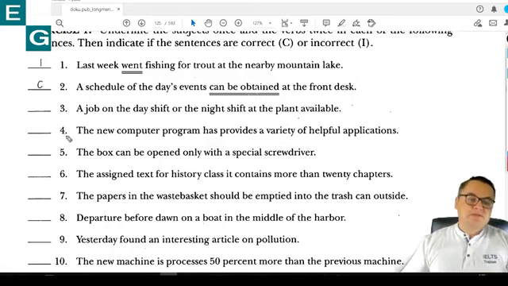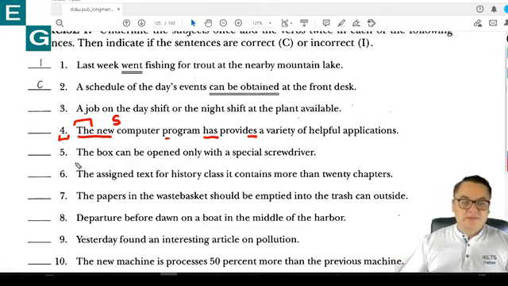So let's do number 4. The new computer program has and provides. We know that the new computer program is the subject. It has the article. It begins the sentence. This is our subject. But I have has as a verb and provides as another verb.